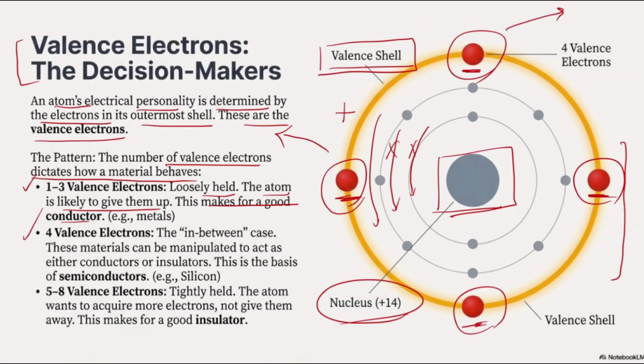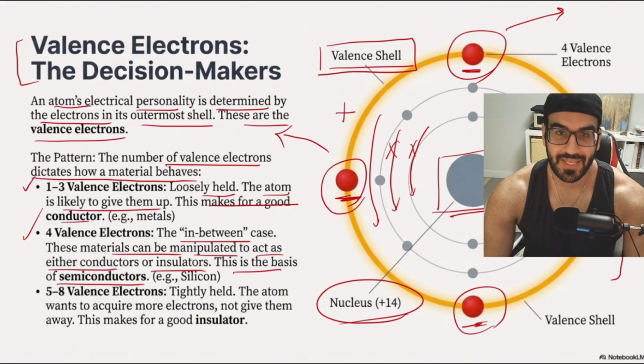Then we have 4 valence electrons. It means we are in an in-between case, and these materials can be manipulated to act as either conductors or insulators. This is the basis of semiconductors, like silicon. So what is a semiconductor again?